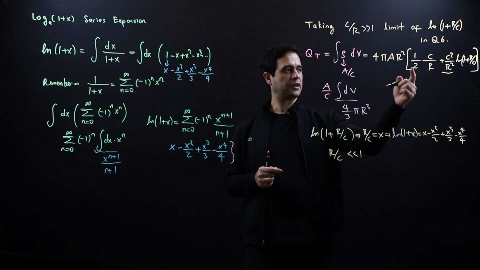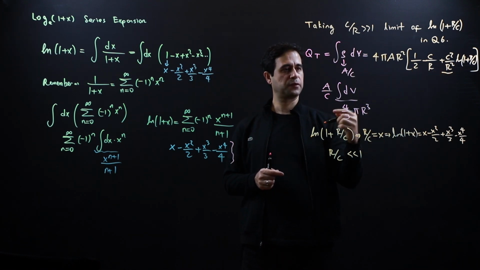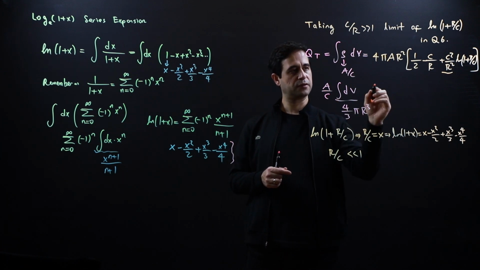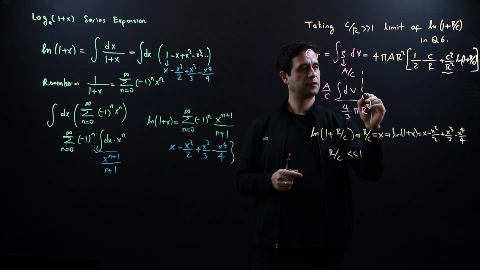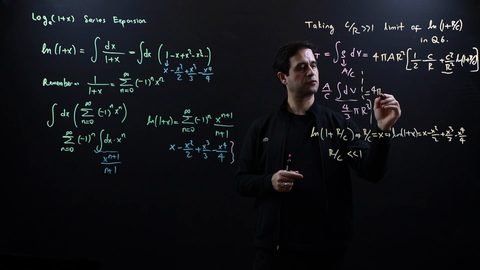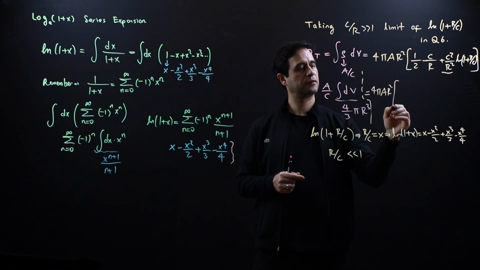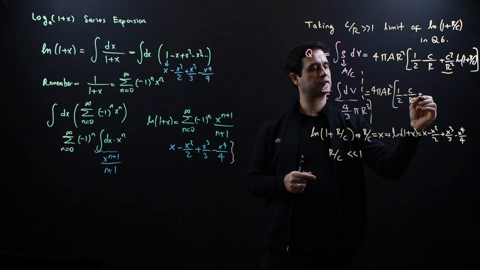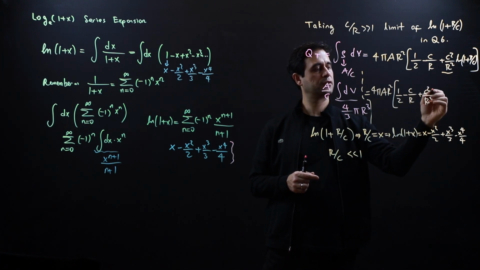So now I can write this whole expression as, let me put it right here. That's the constant term, 4 pi a times r squared, times 1 over 2 minus c over r plus c squared over r squared.